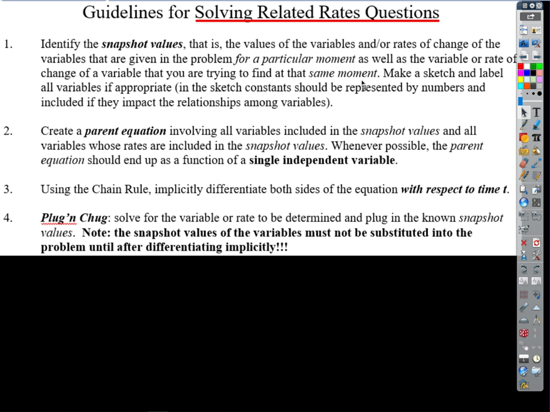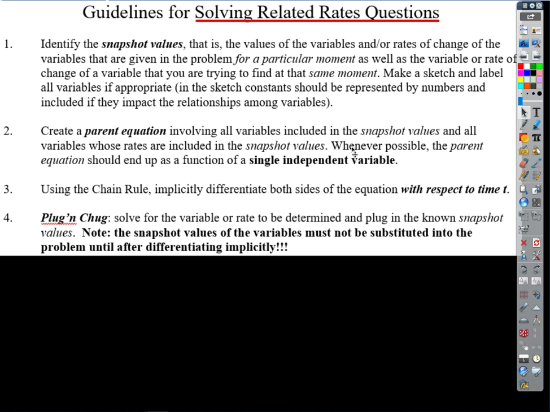Right? We're going to isolate that one frame, and we're going to write down all of the quantities that are given to us, static and rates, and we'll look at an example in a second, and what it is we're trying to find. Step 2, we're going to come up with the pre-calculus relationship between these quantities, which in the case that we looked at on your example was the volume of a sphere.